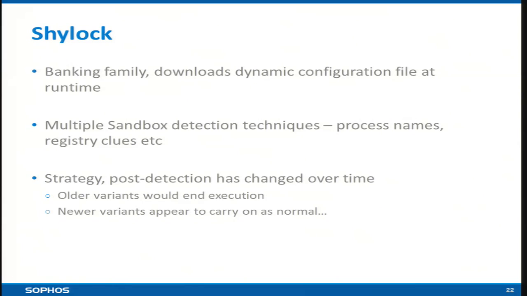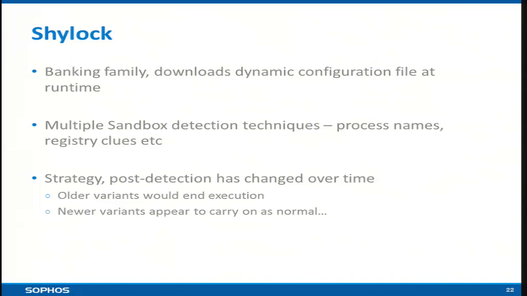So in typical banking malware family style, Shylock downloads a dynamic configuration file when it's executed, which contains lots of information about further modules to download, further command and control addresses, and where to download things like the web inject file from.